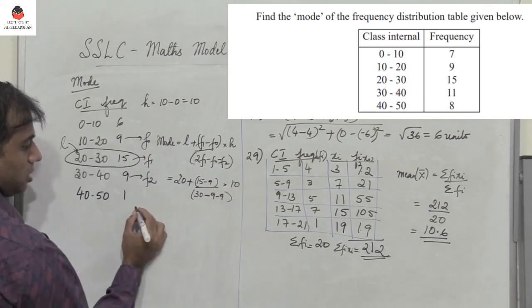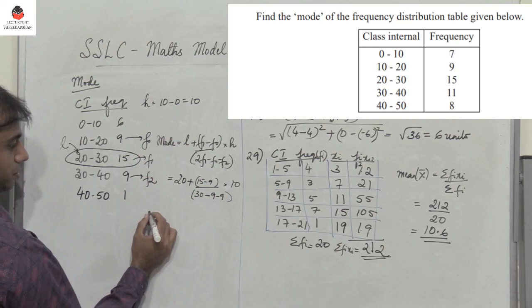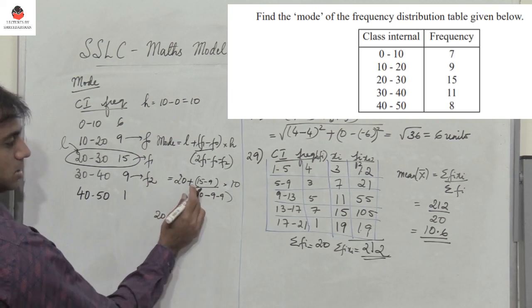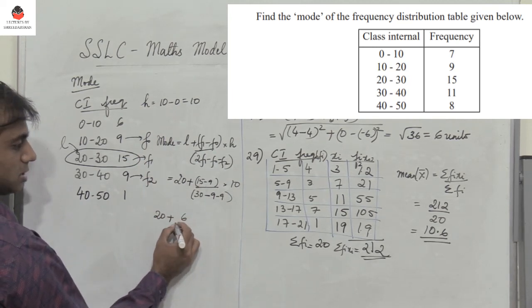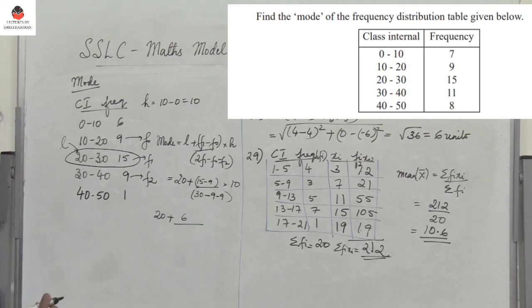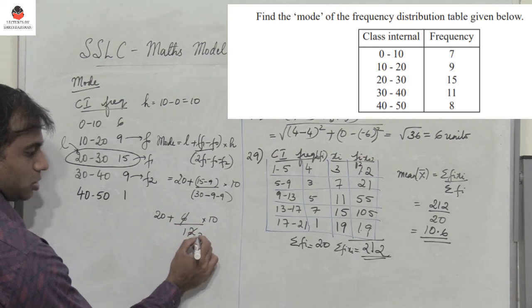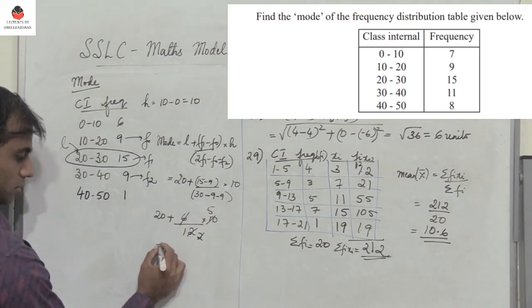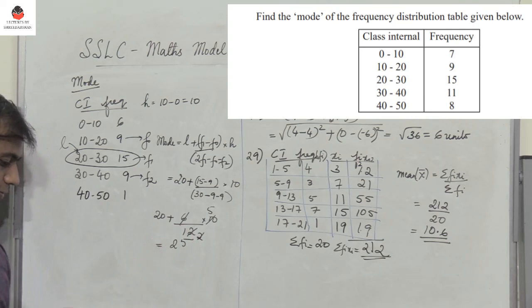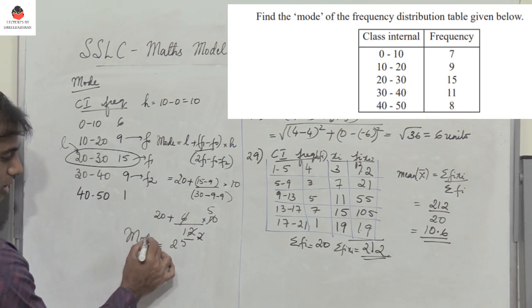H is 10. So I get 20 plus 6 divided by 30 minus 18, you get 12, into 10. So you get 5. So the value is 25. So the mode value is 25.